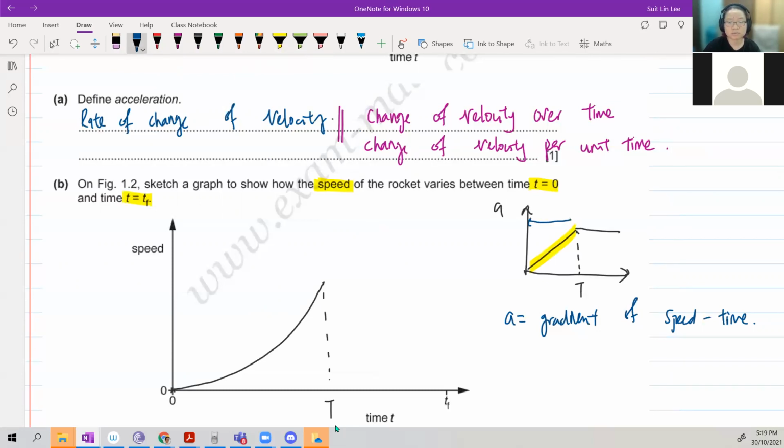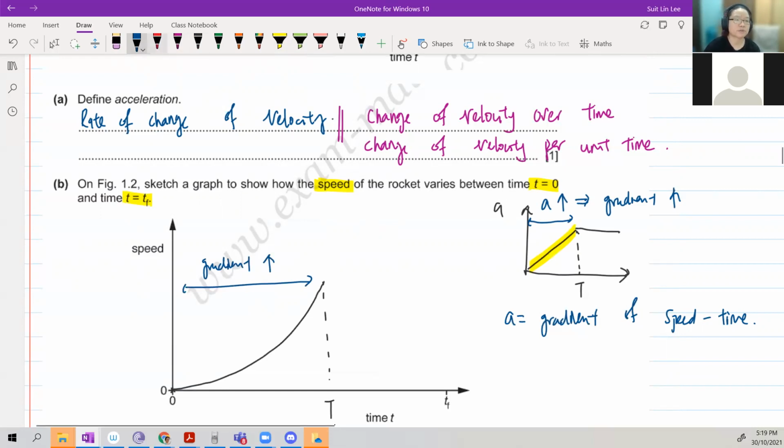So from here to here, a increases. This means gradient increases. So you can tell from here to here, gradient is getting steeper and steeper. Okay. Then we reach this point. So at this point, the gradient will be constant. You just draw a straight line.